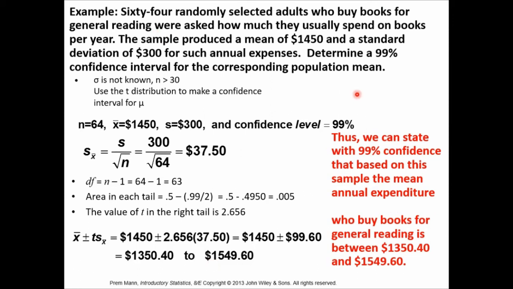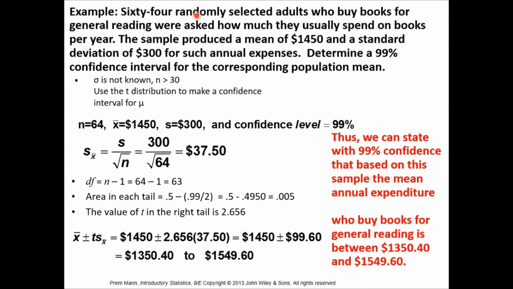This example deserves some attention because we have a very large sample size with respect to the threshold of 30, which is 64 randomly selected adults.